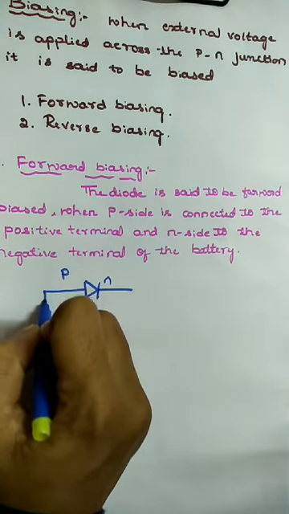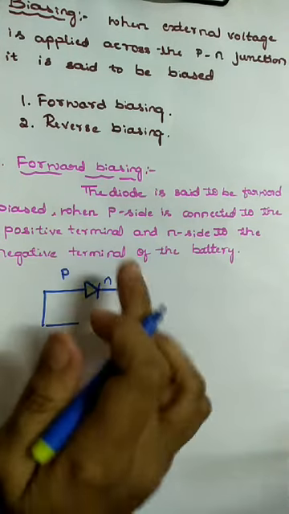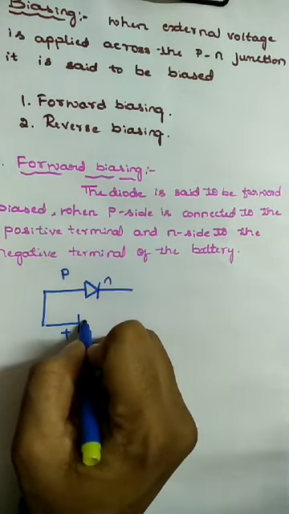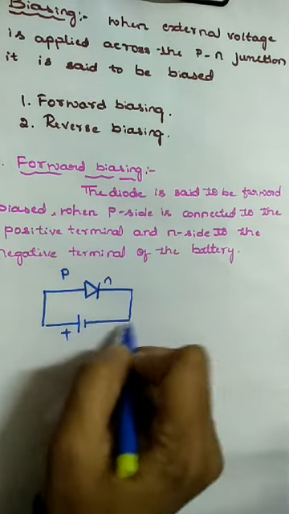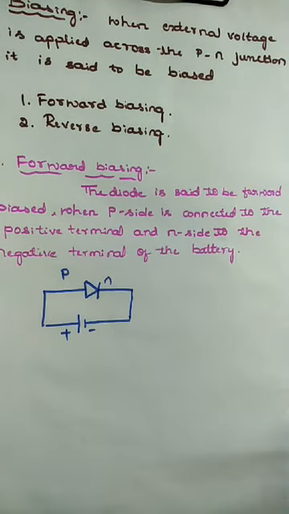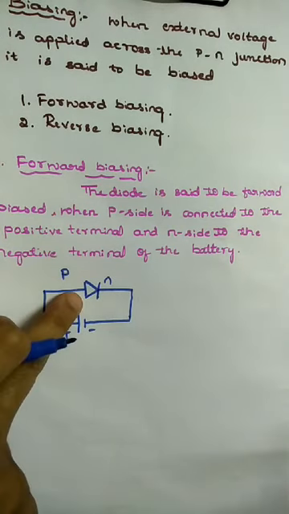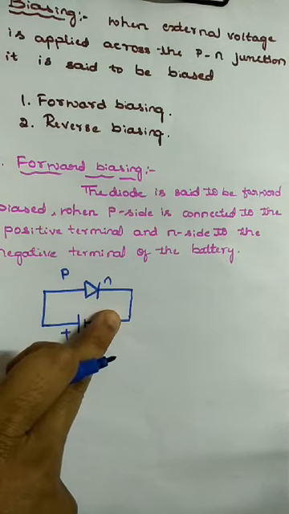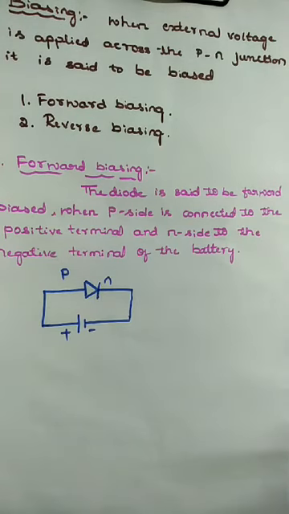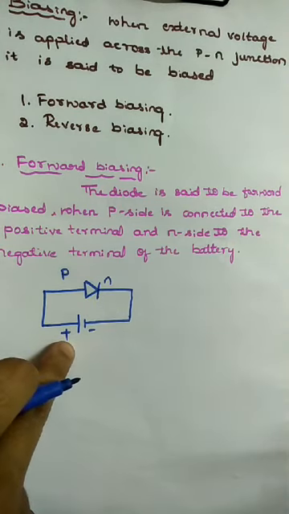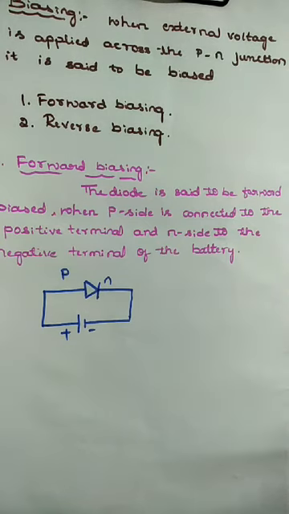Now the P side is connected to the positive terminal of the battery and the N side is connected to the negative terminal of the battery. So this is called forward bias. This is the representation of the PN junction diode.